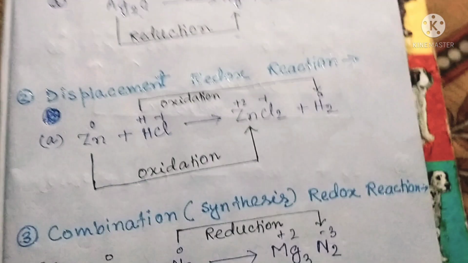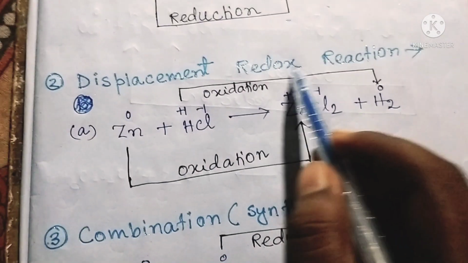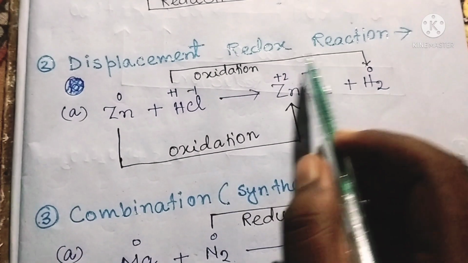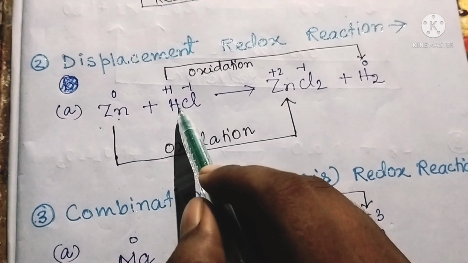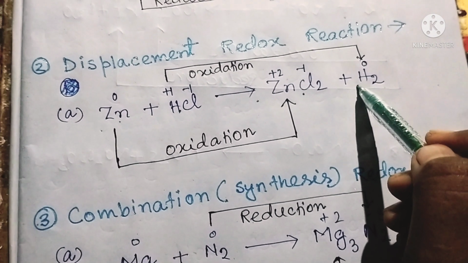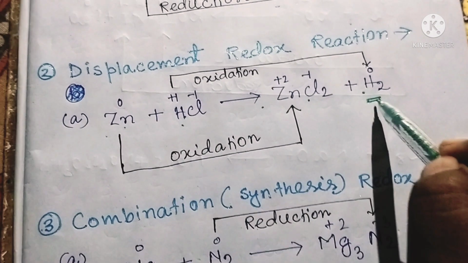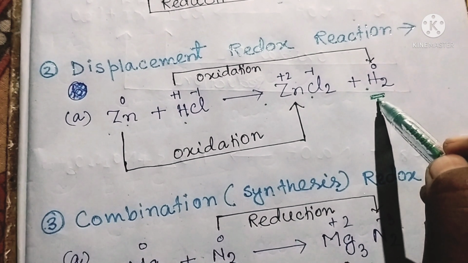Now let's see another type of reaction. This is displacement redox reaction. We take the example Zn plus HCl turns into ZnCl2 plus hydrogen. Here the hydrogen is displaced, so it is called displacement redox reaction.